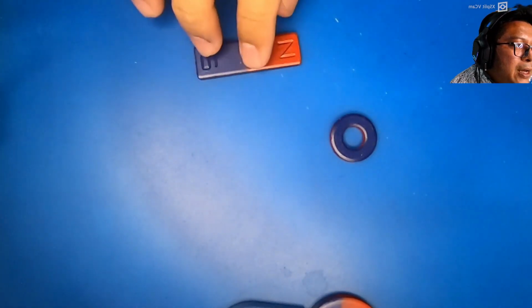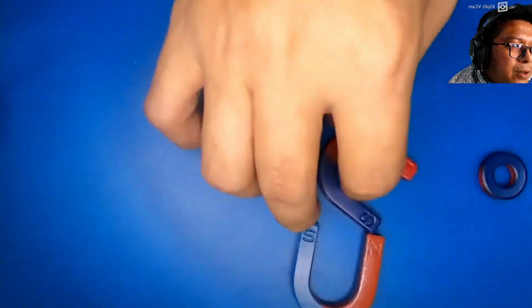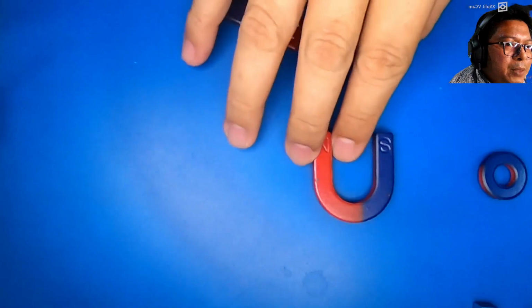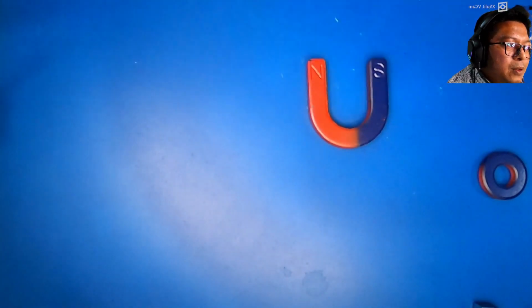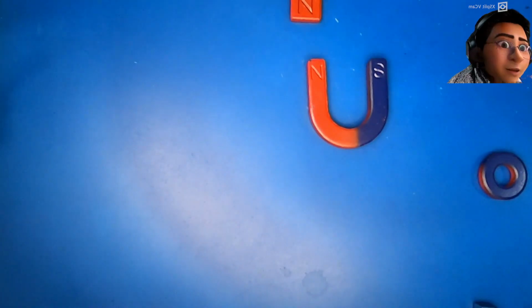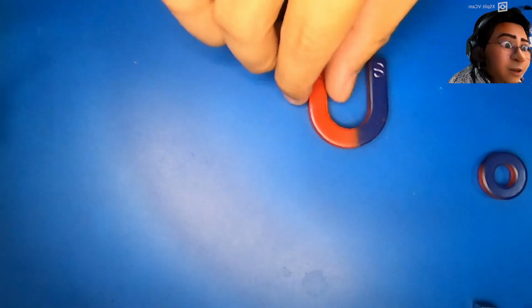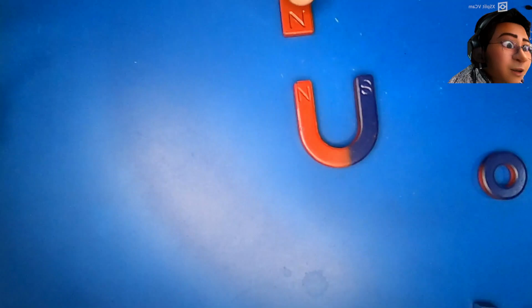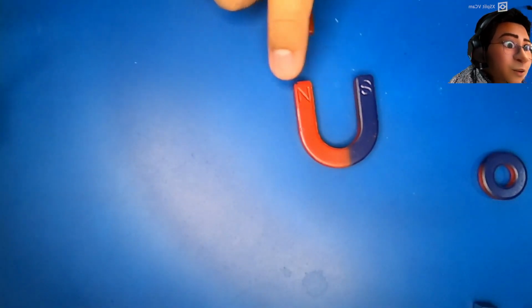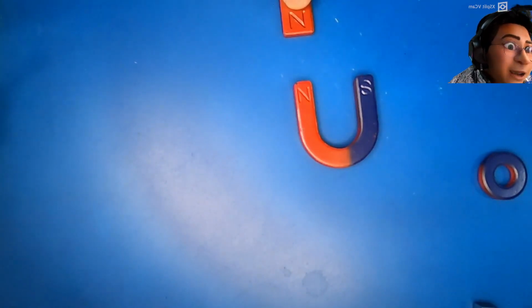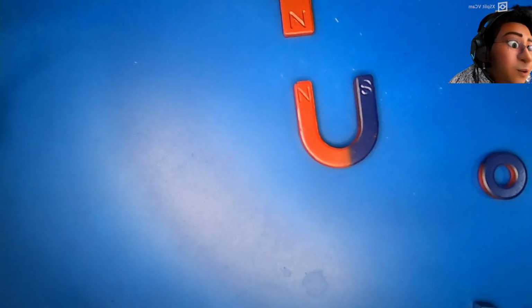I only have 3 types. Okay, let's check the third type, the U-shaped magnet. Here. N, north pole. This is called like poles.